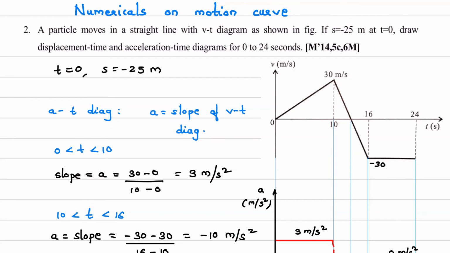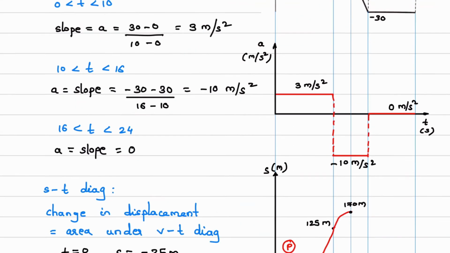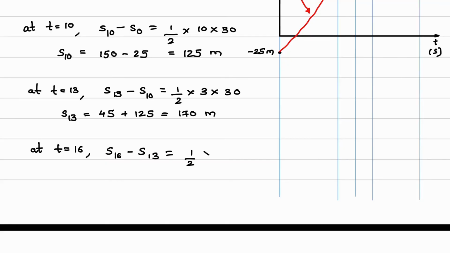Now what is the area over here? Area will be of this triangle. It will be half into base, 13 to 16, it will be 3. And what is this height? Height is minus 30. So we'll write down half into base is 3 into height is minus 30. So from here we can calculate S16. S16 is equal to, this is 170, which is negative, it will go on right hand side, become positive.